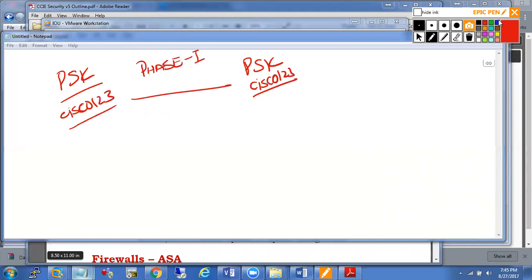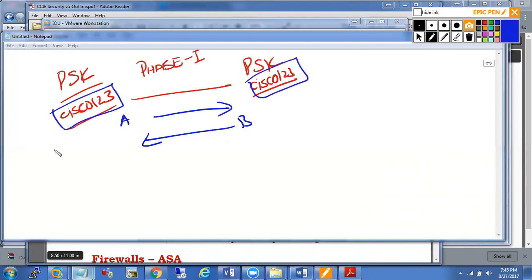What that meant was data traveling from A to B is encrypted using Cisco 123, and B to A is also encrypted using the same key, common key. Agreed?